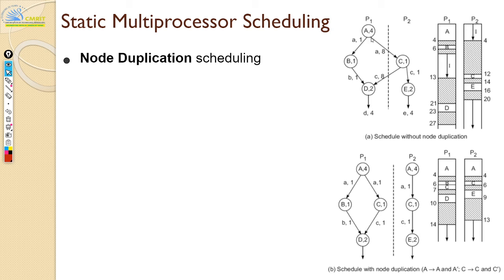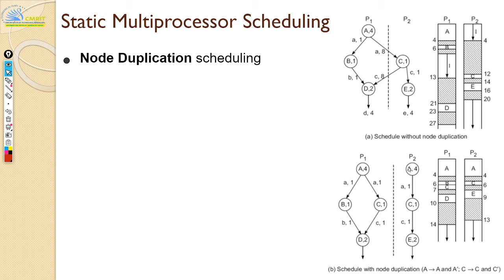If you duplicate this A, currently P1 is executing this A, but P2 is not doing anything, it's idle, and it's taking some time. But if you duplicate A, both P1 and P2 are working on the same set of code.